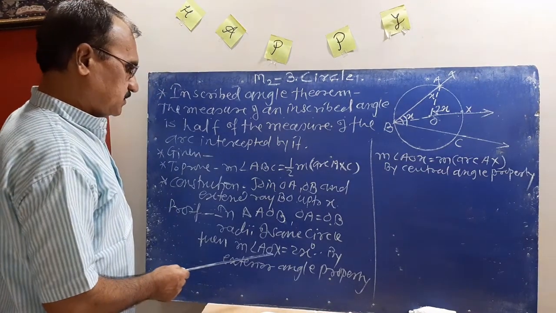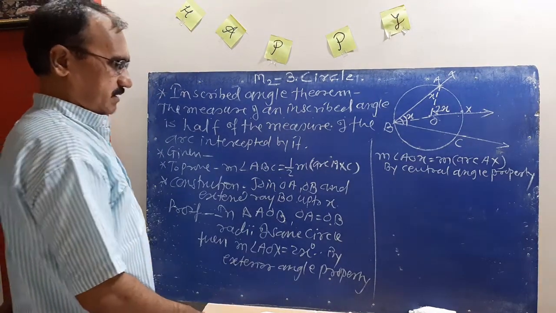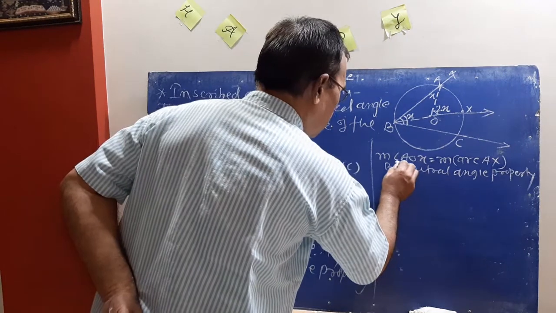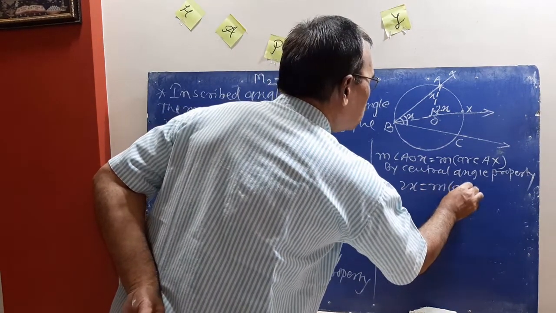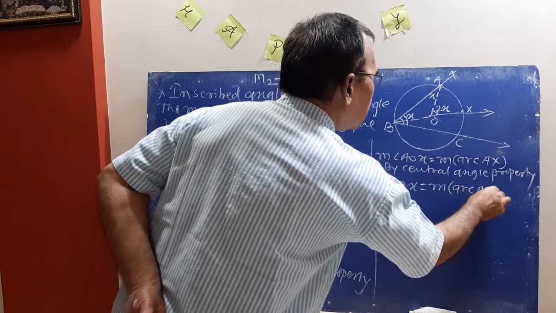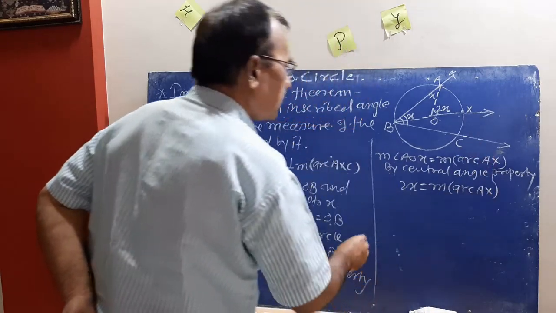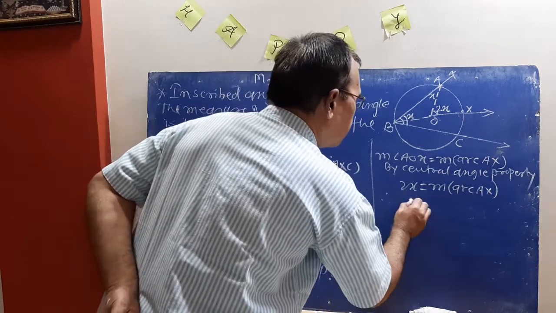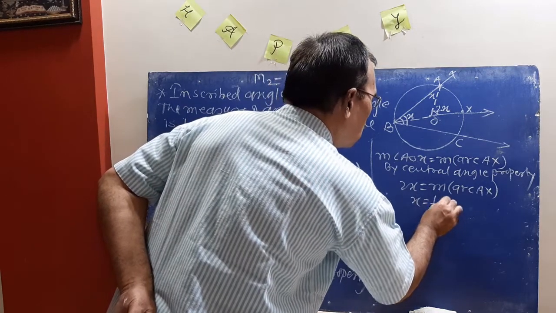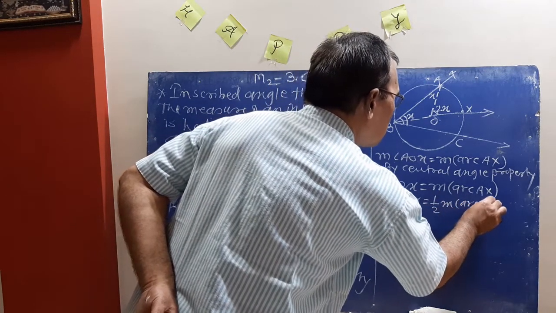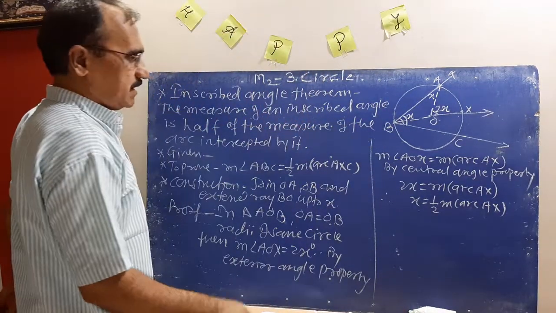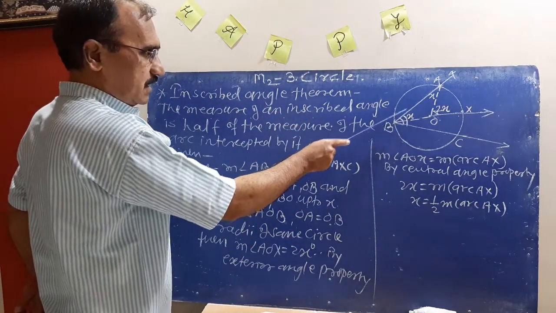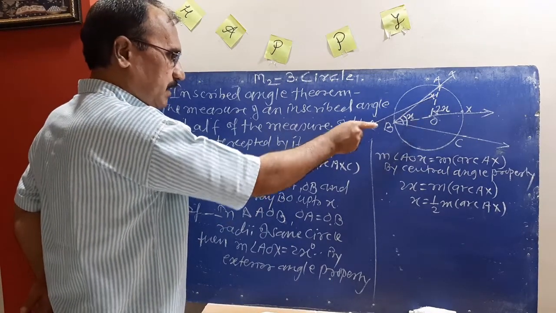Here the measure of the central angle is 2x. Substitute here: measure of angle AOX is equal to 2x is equal to measure arc AX. Then take 2 on this side, x is equal to 1/2 measure arc AX. But what is x here? x is the measure of this angle and x is the measure of this angle also.